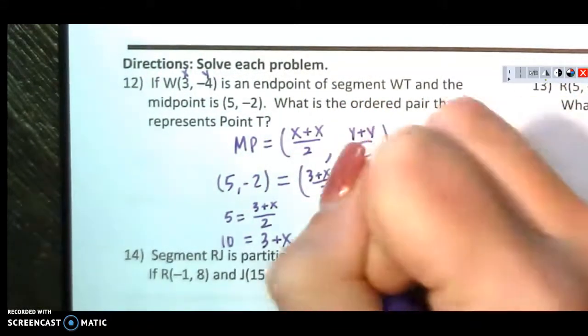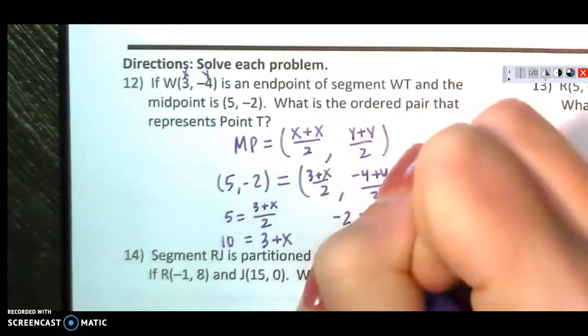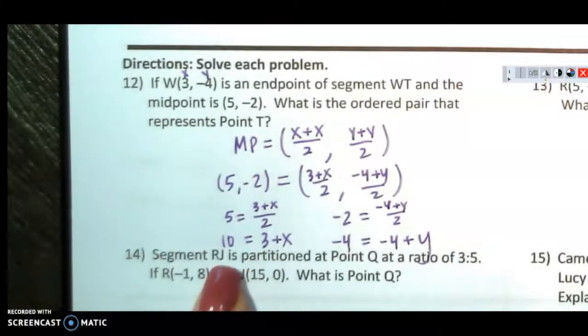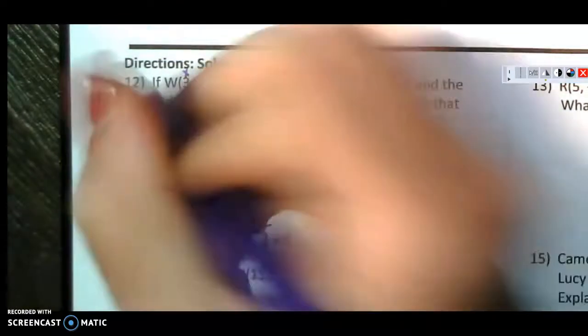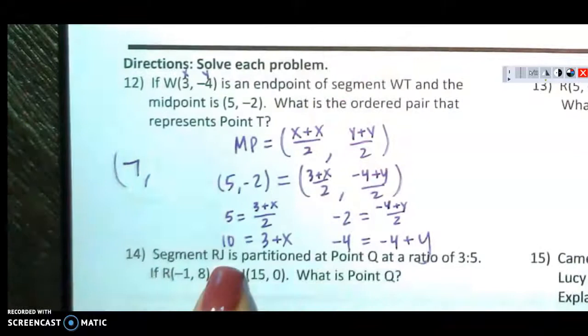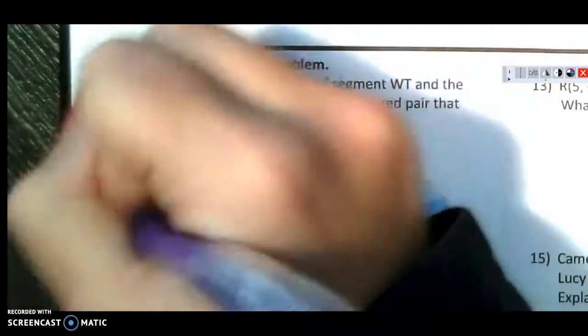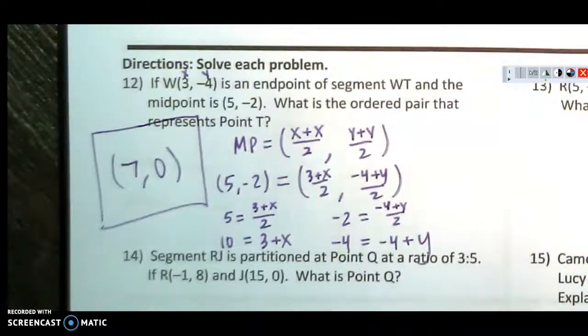I'm going to multiply by 2 on both sides. -4 equals -4 plus y. The last step to solve is subtract 3. So 10 minus 3 is 7. And the last step over here is to add 4. -4 plus 4 is 0. Okay, so it looks like the other endpoint that we were missing is (7, 0).